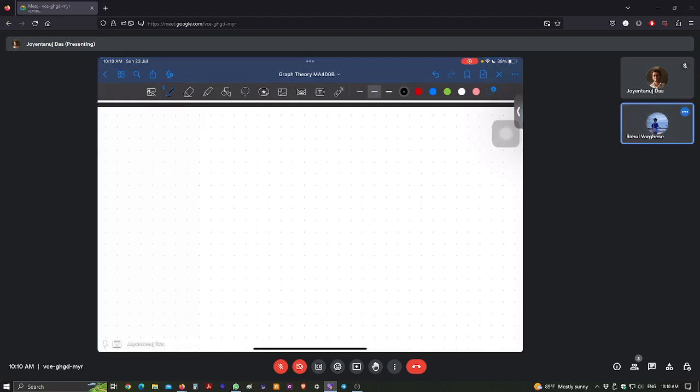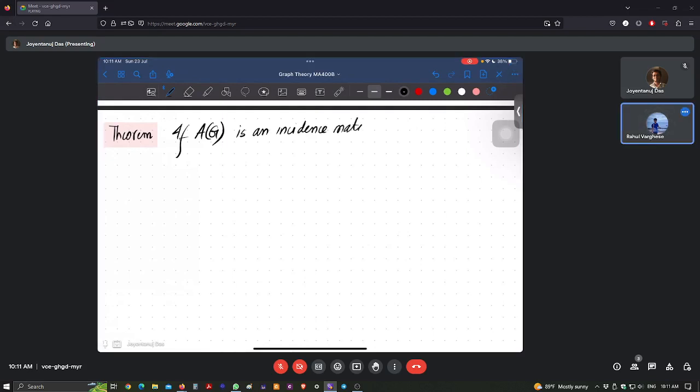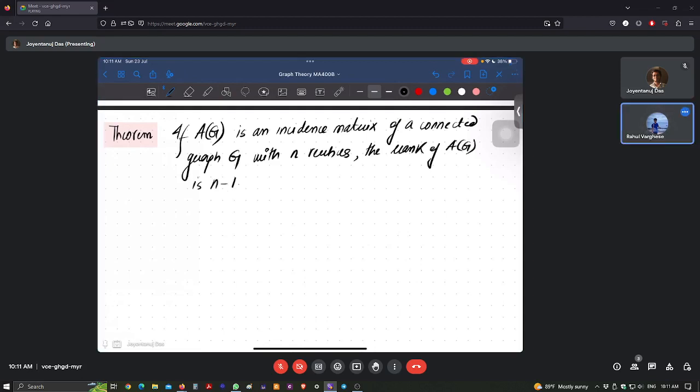So let me state the theorem. If A(G) is an incidence matrix of a connected graph G with n vertices, the rank of this matrix is n minus 1.